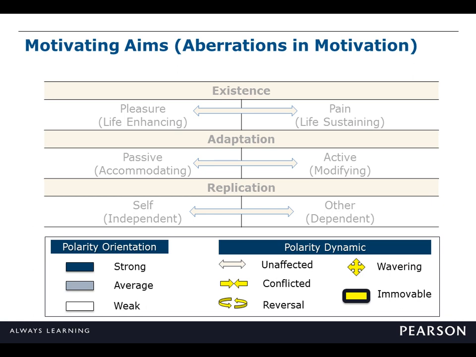And then I want to draw your attention to the bottom part. So we have these three different polarities, and then we have different kinds of dynamics and different kinds of orientations that go along with this. I've referred to, in this process, those who might have a very strong active orientation. Perhaps it's active orientation and a pain orientation.